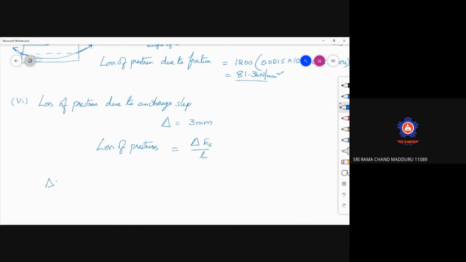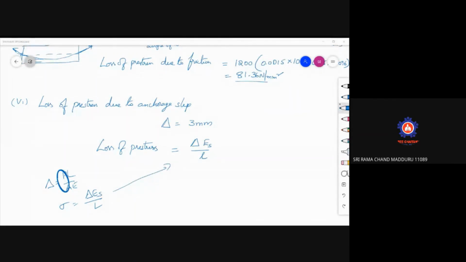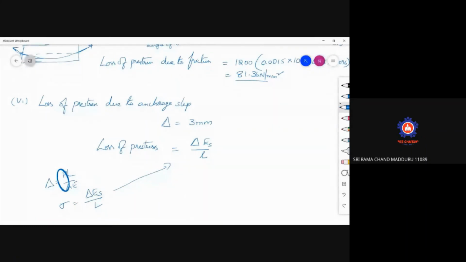We know that delta is equal to PL by AE, and P by A is nothing but stress. So stress is delta into ES by L. That is how we got this formula. Delta is 3 mm, ES is 210 into 10 cube, and length is 10 into 10 cube. Convert the units to mm and keep the units consistent. This will give you 63 Newton per mm square.